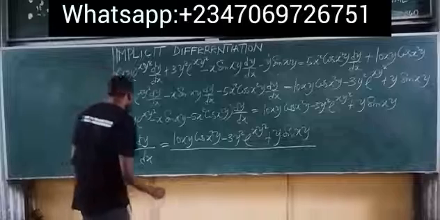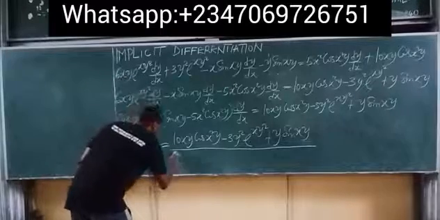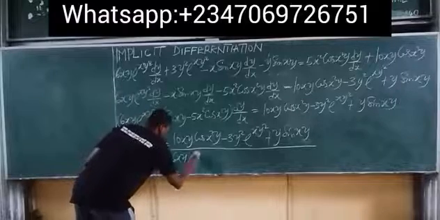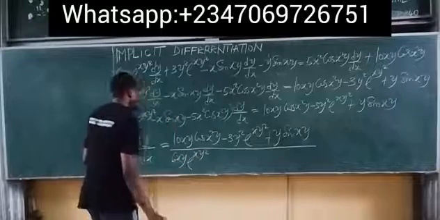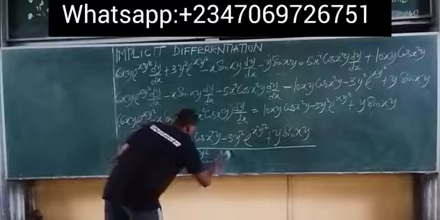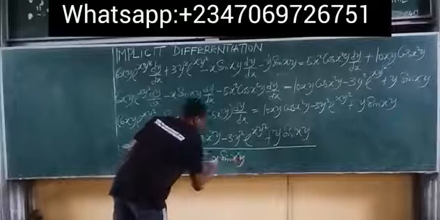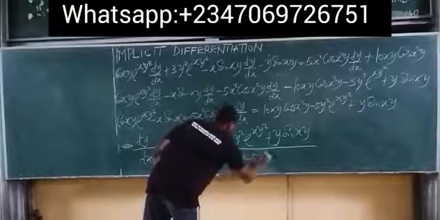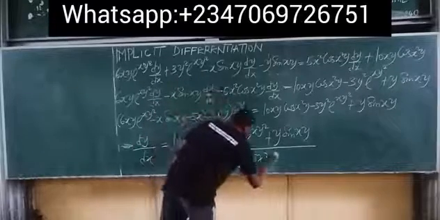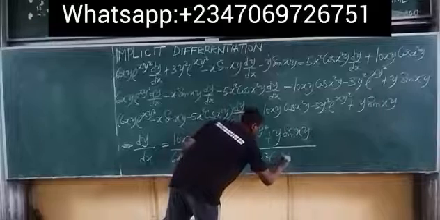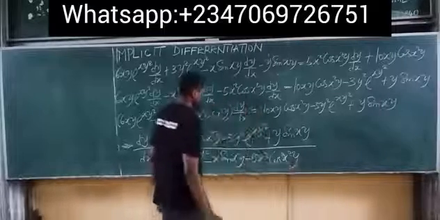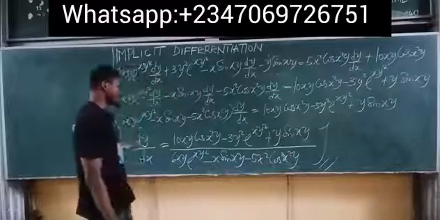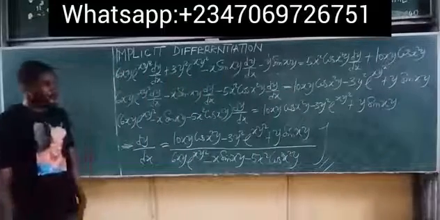We have here 6xy exponential xy squared minus x sine xy minus 5x squared cos x squared y. All right, so that becomes the final answer to that derivative.